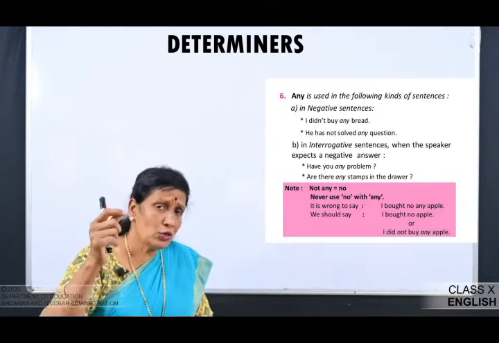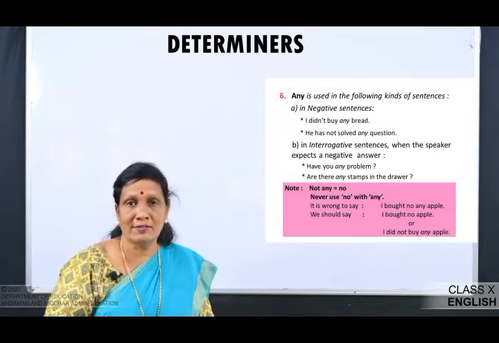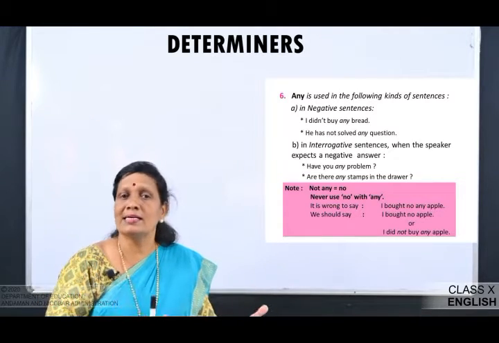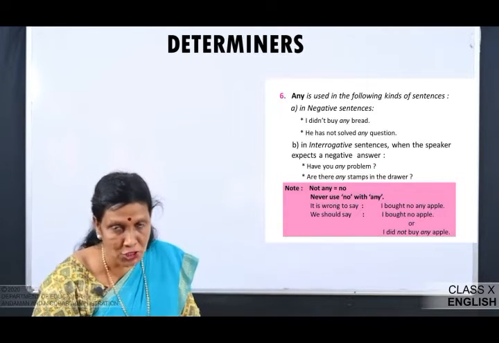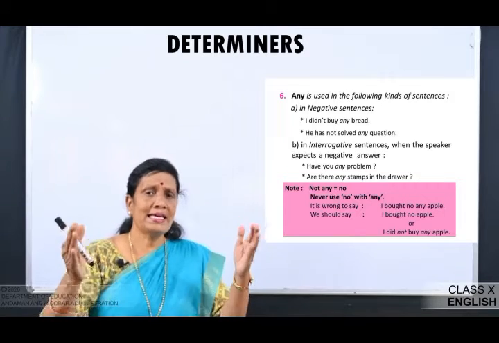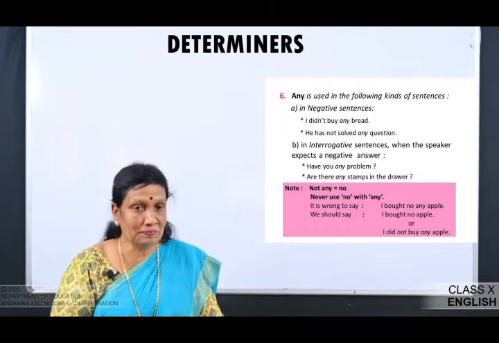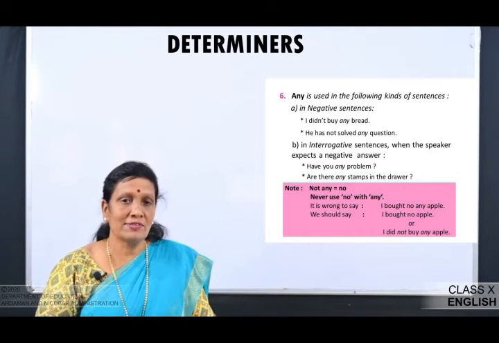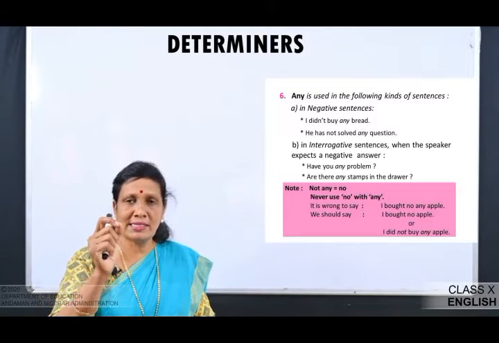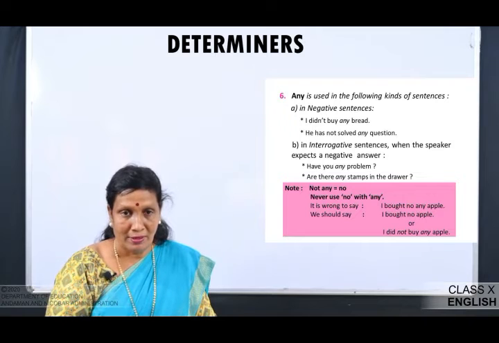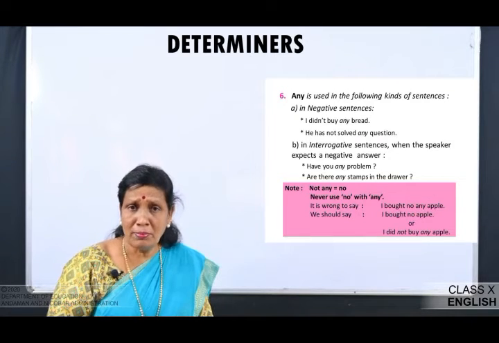So you use any in negative sentences. For example, he has not solved any question. There isn't any milk in the house. Okay. In interrogative sentences, when the speaker expects a negative answer. Have you any problem?